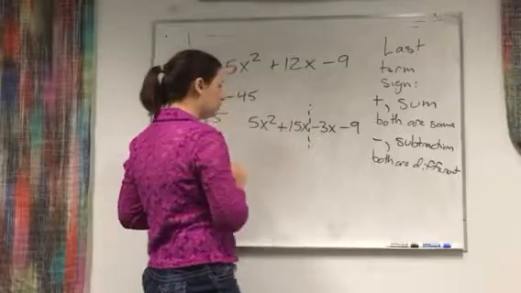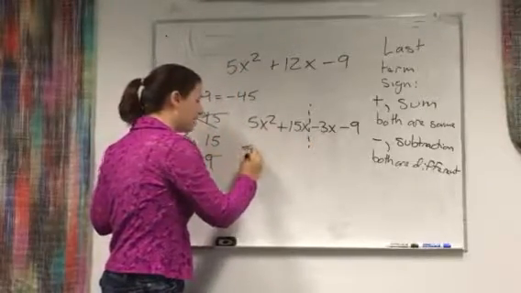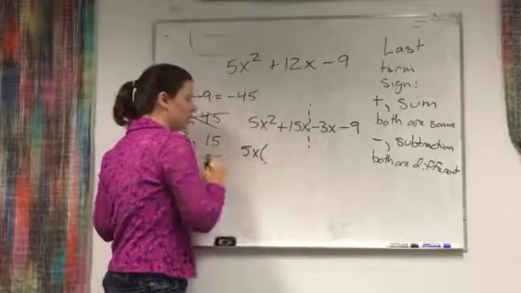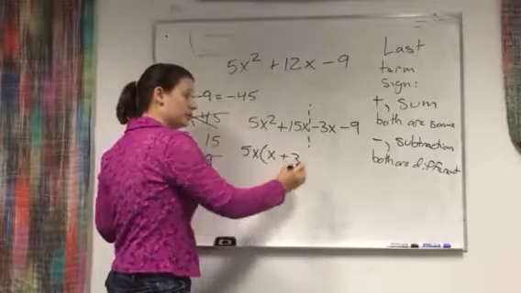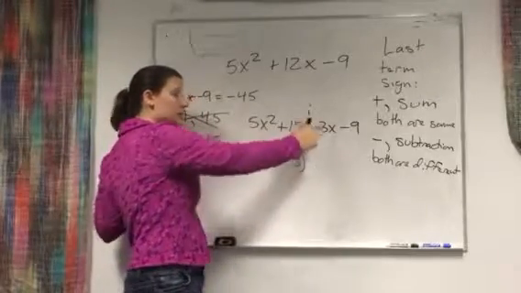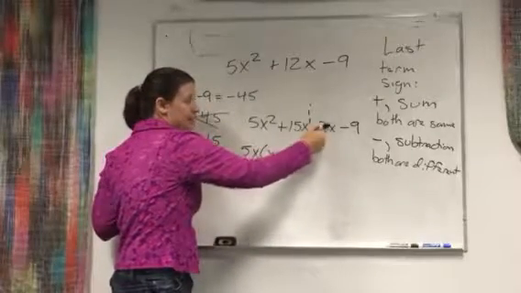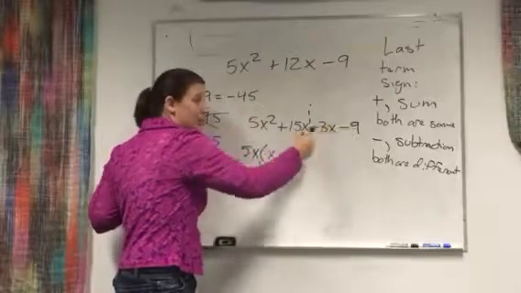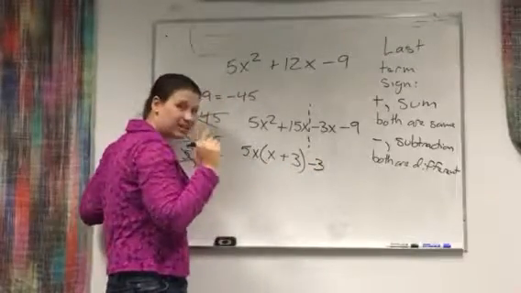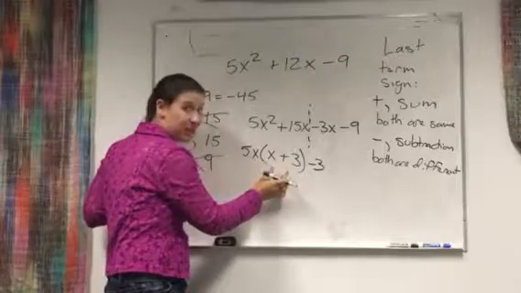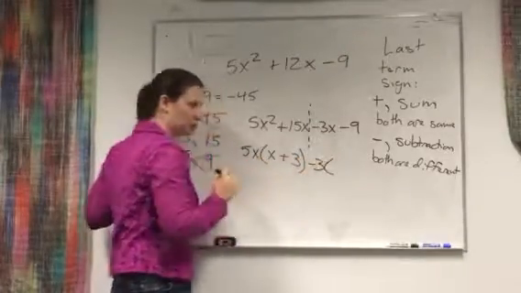So we split it down the middle. 5x squared and 15x have a 5x in common. So we're left with x plus 3. Now, this one's a little weird. We didn't have a grouping like this one. These have a negative and a 3 in common. We're going to factor out the negative 3 because we're going to cheat a little bit and see that this group is all positive. So we want this group to be all positive, the parentheses group.